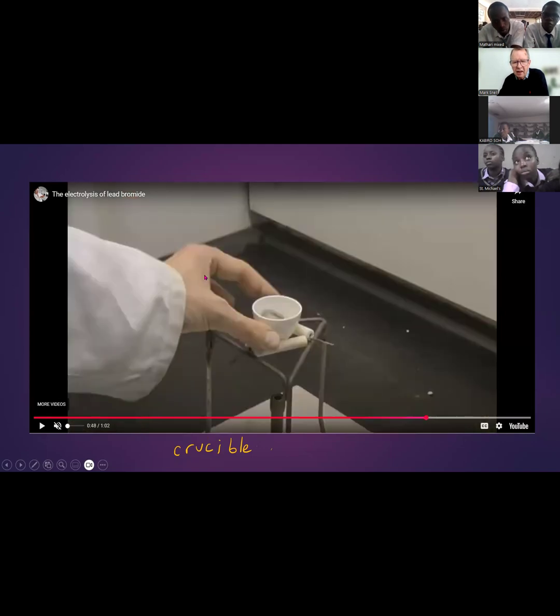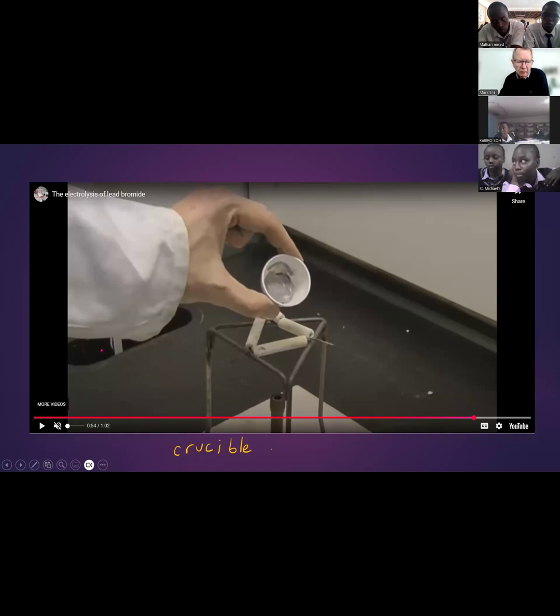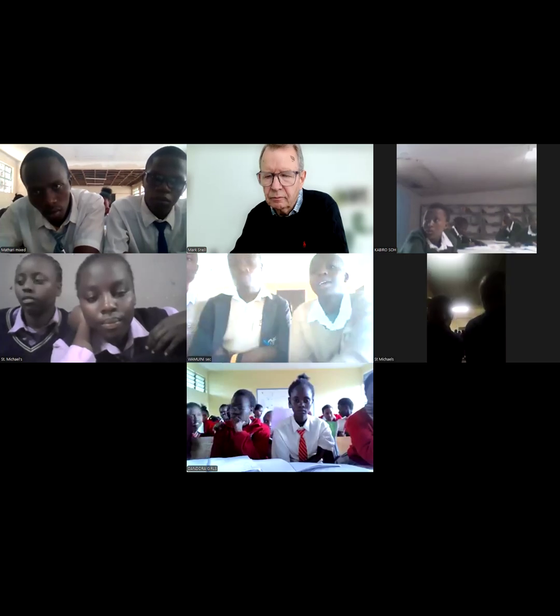And here is the solid lead there, and the lead was melted by the heat. So we don't see very much. I mean, it's just silvery metal at the bottom. Okay, so let's just have a look at what's actually happening. So I'm going to just stop showing that, and I'm going to show you something else.